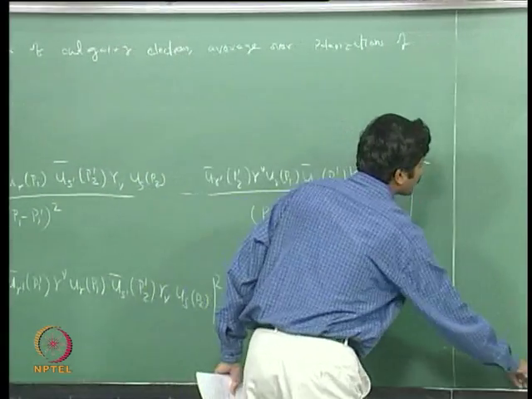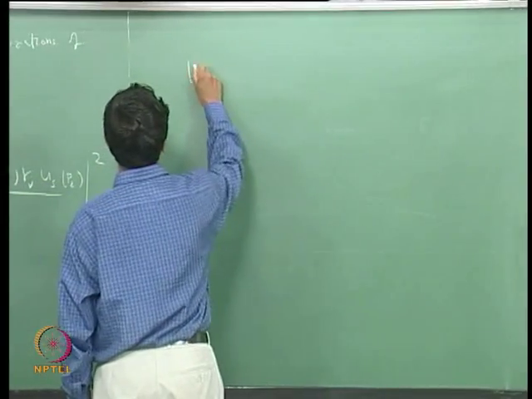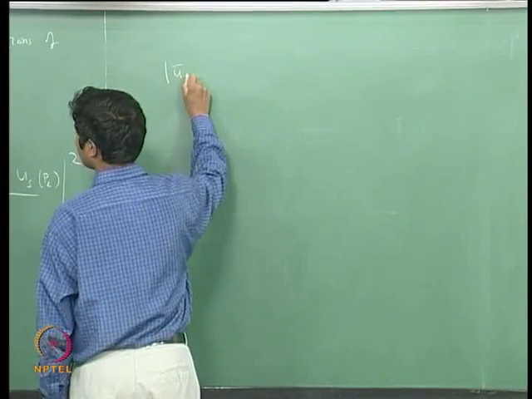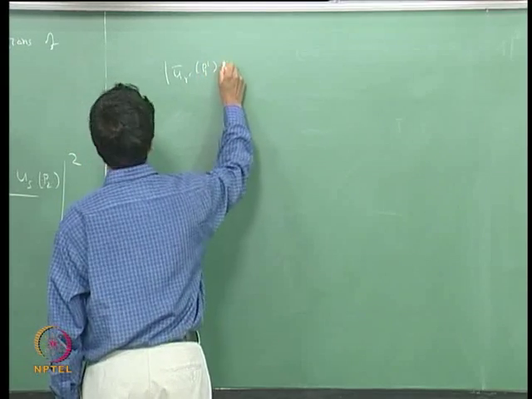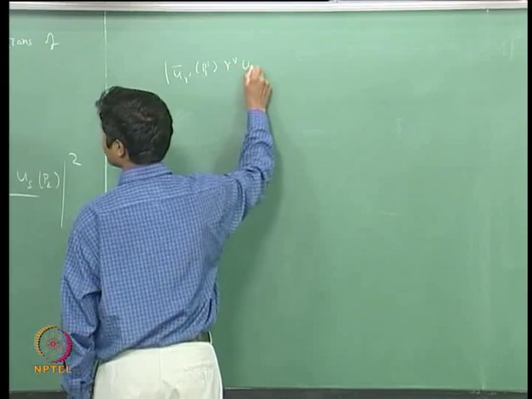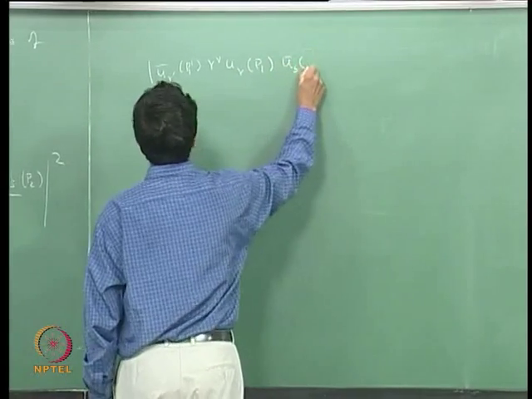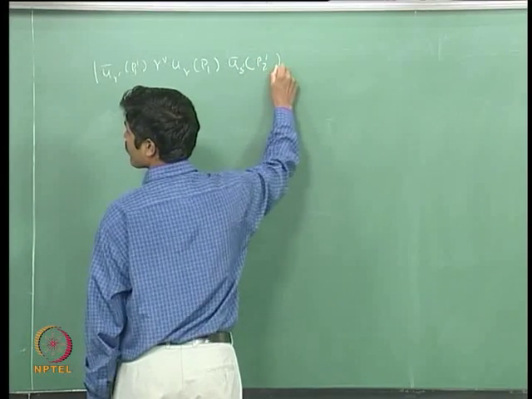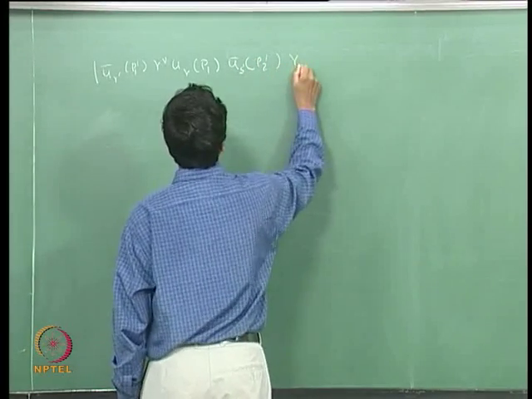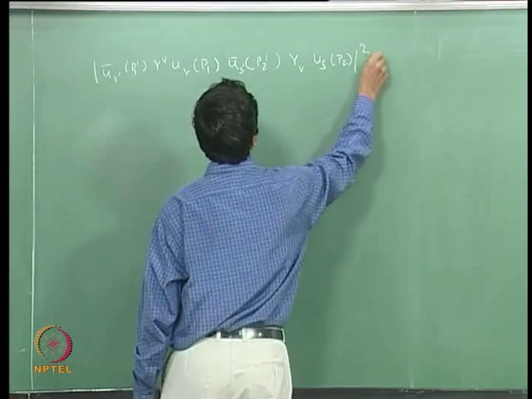Or what I am saying is, if you look at u bar r prime P1 prime gamma nu u r P1 u bar s prime P2 prime gamma nu u s P2, mod square.